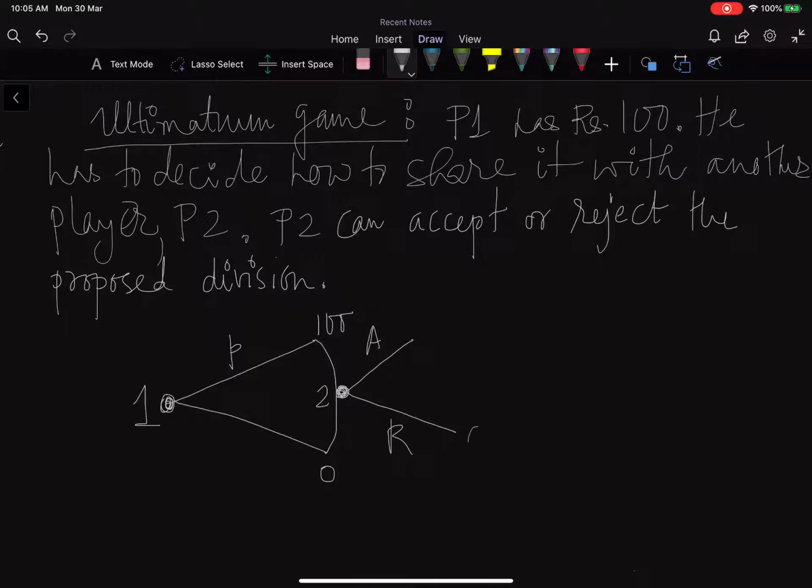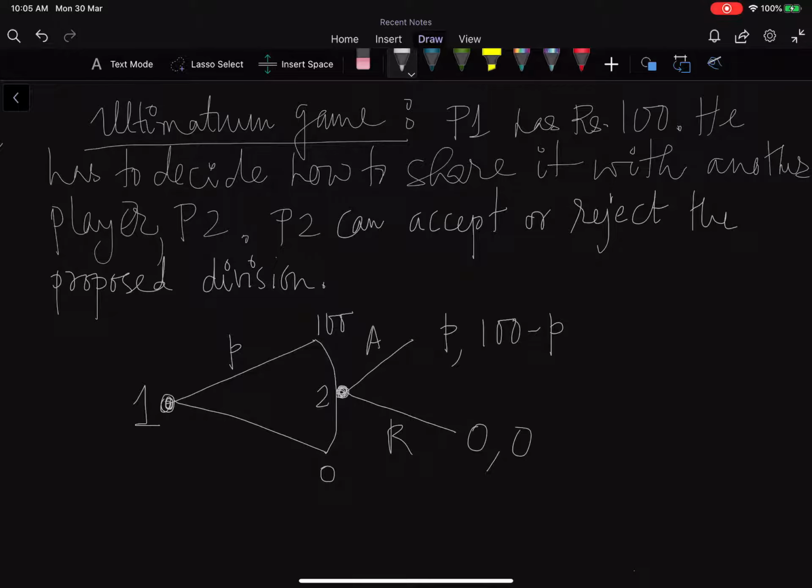If reject, then payoff is 0, 0. If accept, player 1 gets P, player 2 gets 100 minus P. So this is how you depict an ultimatum game, a continuous strategy sequential move game, using extensive form expression.